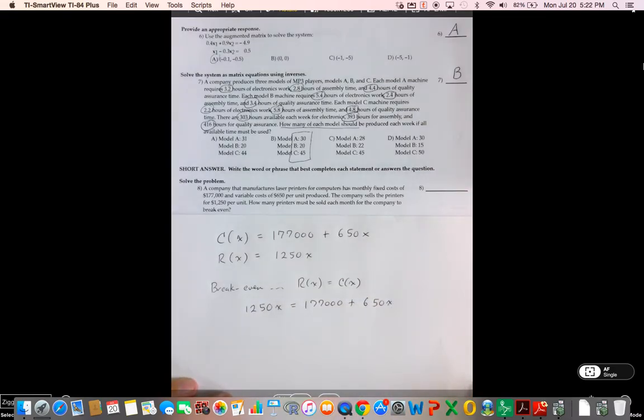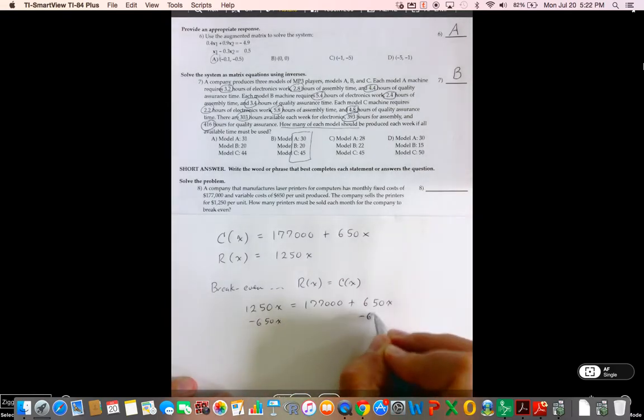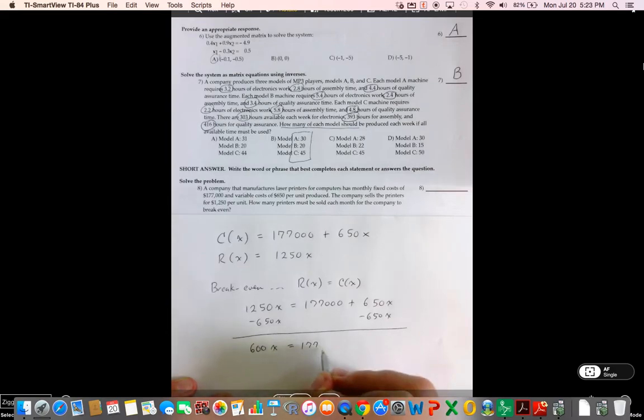So I have that. I'm going to subtract 650x from both sides. So over here I get 600x equals 177,000. Divide by 600.